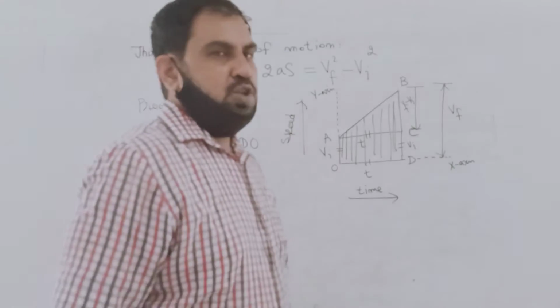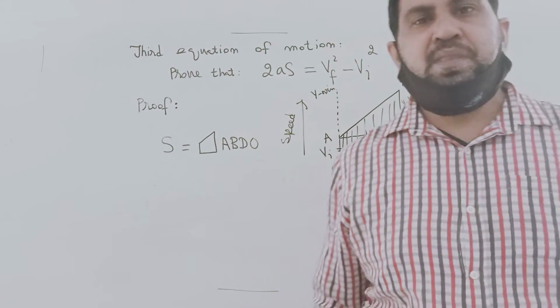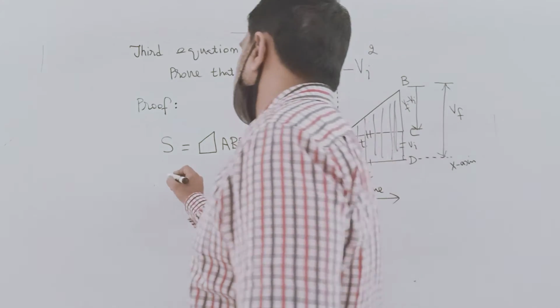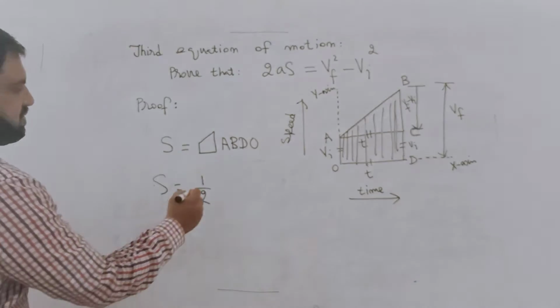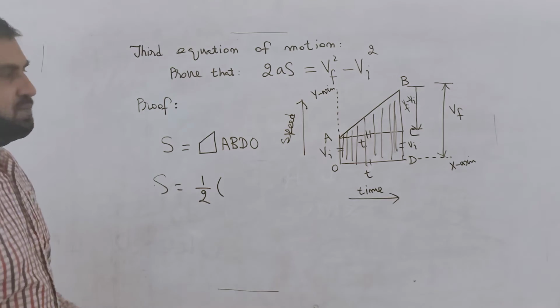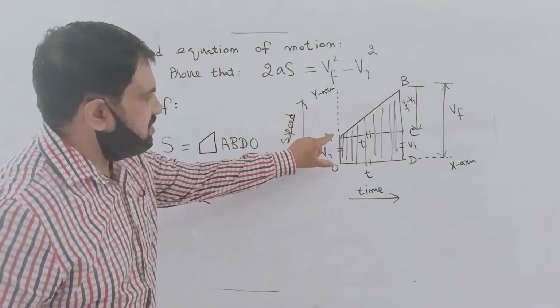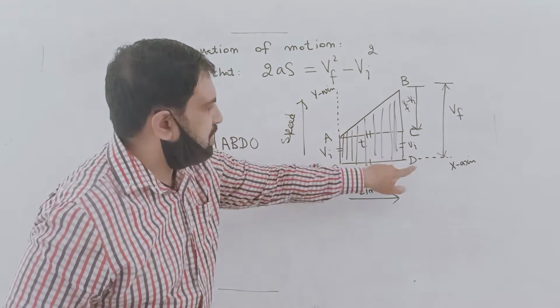You know the formula of trapezium? 1/2 sum of two parallel sides. There are two parallel sides OA and BD.